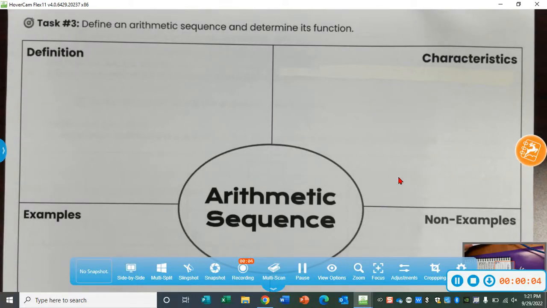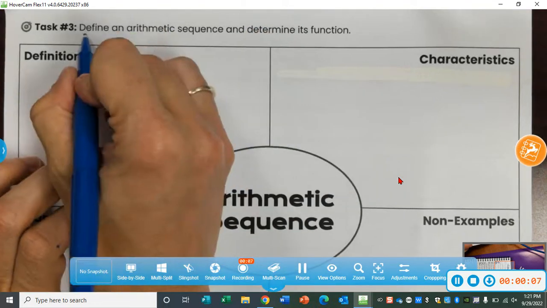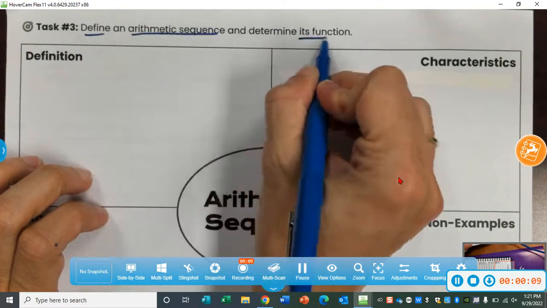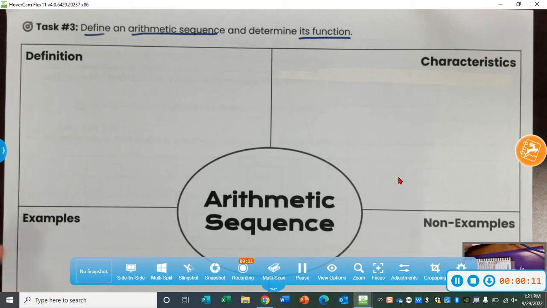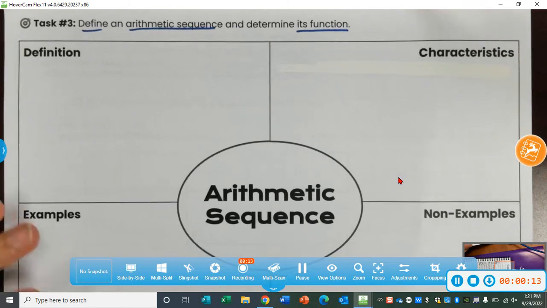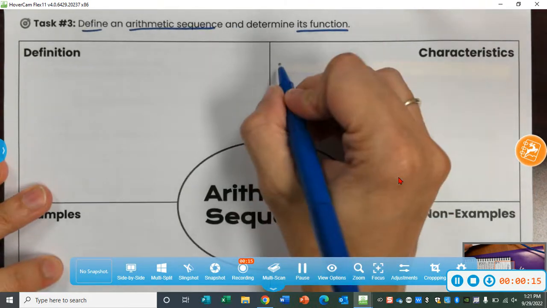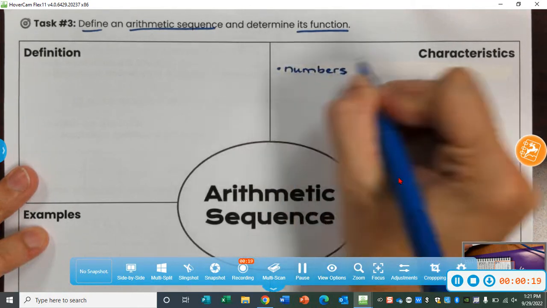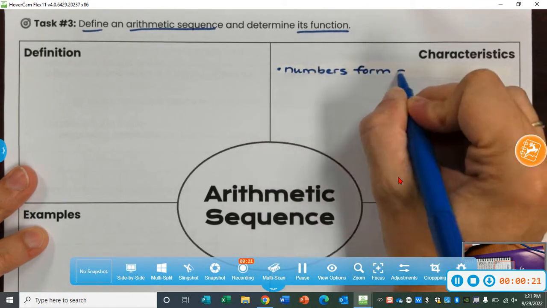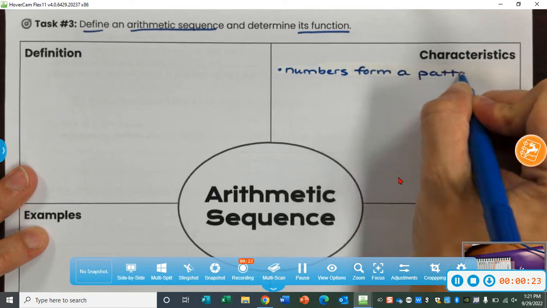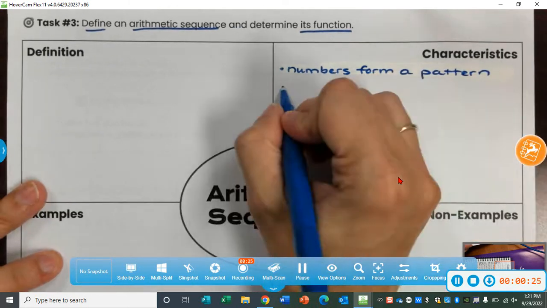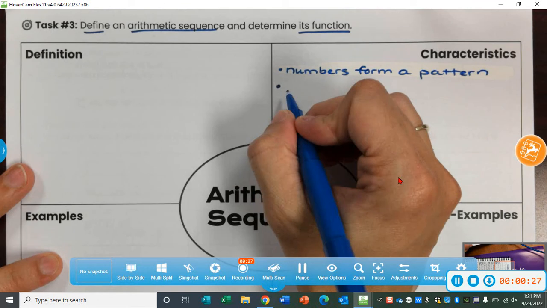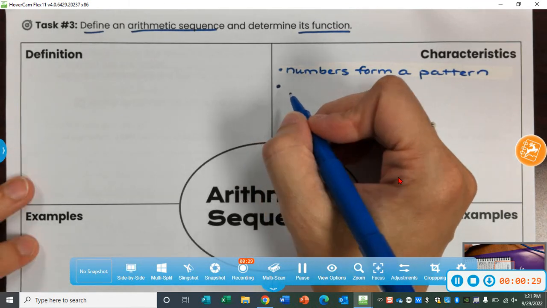So for task 3, we're going to define an arithmetic sequence and determine its function. First we'll start with characteristics that we've noticed about arithmetic sequences. The first being that the numbers form a pattern. The same number has to be added or subtracted every time to get the next number.